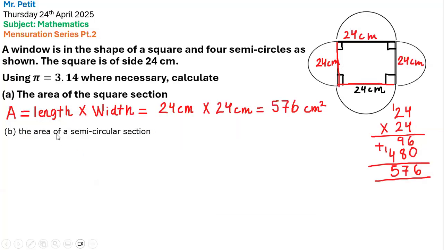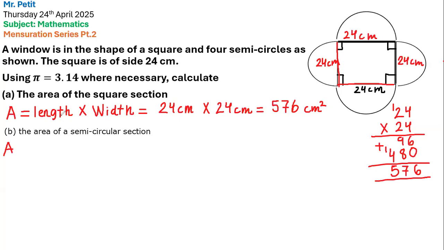All right, so we want to figure out the area of the semicircular section. Class, what is the formula for the area of a semicircle? Pi r squared divided by 2. Very good. So the area of a semicircle, it's going to be what? Pi r squared divided by what? 2. Divided by 2.